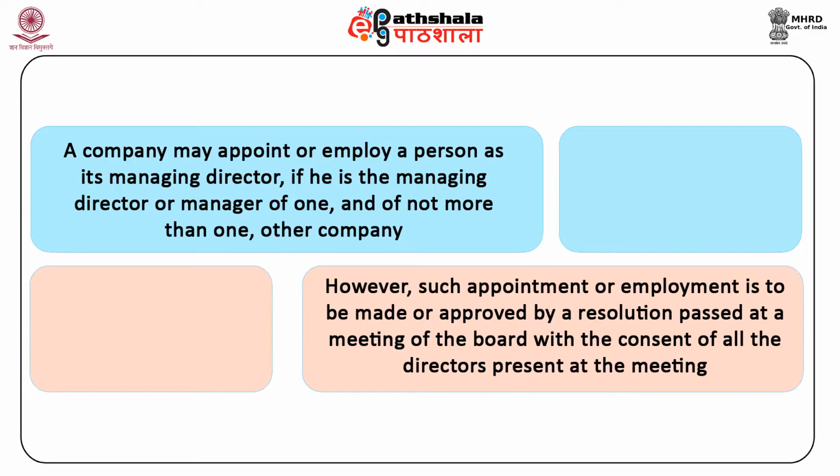However, such appointment or employment is to be made or approved by a resolution passed at a meeting of the board with the consent of all the directors present at the meeting, and of the resolution to be moved thereat specific notice has been given to all the directors then in India.